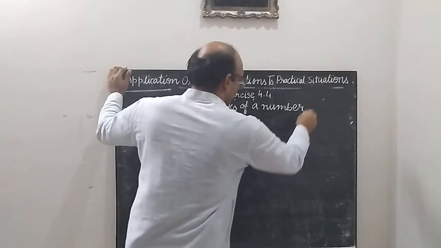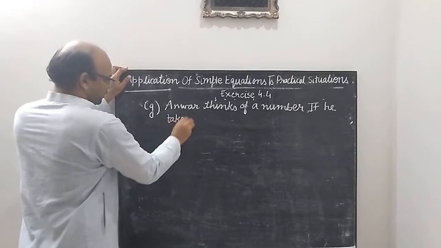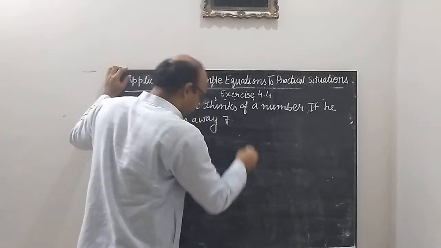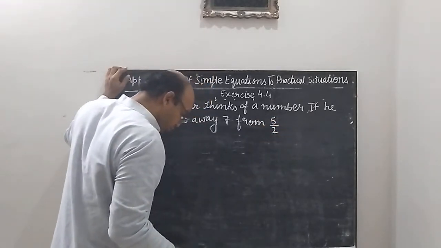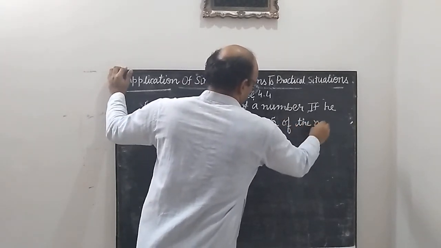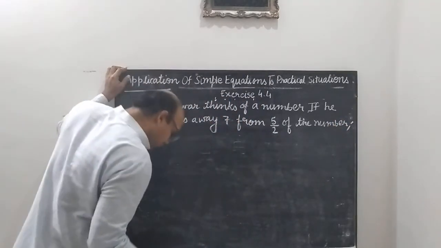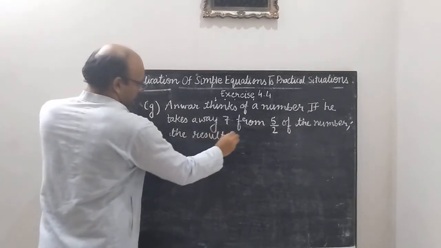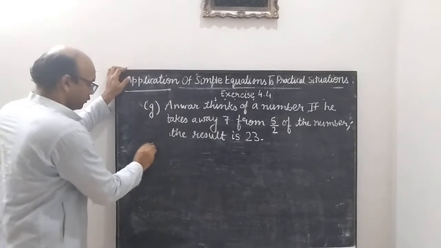If he takes away 7 from 5 by 2 of the number, the result is 23. So we move on to the solution.